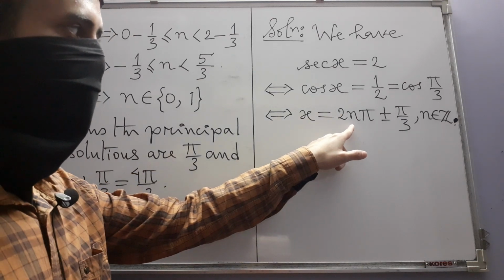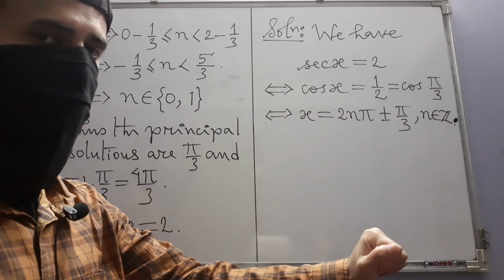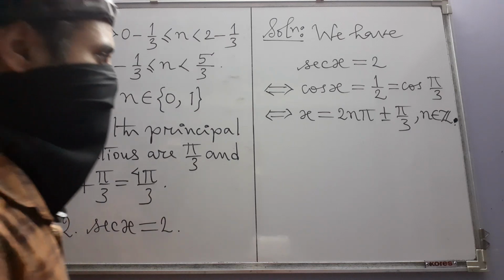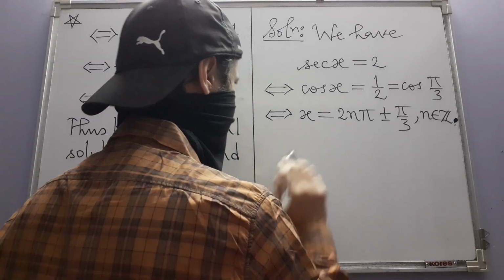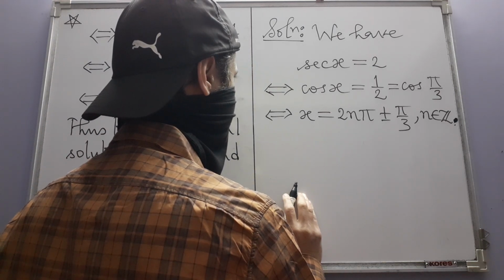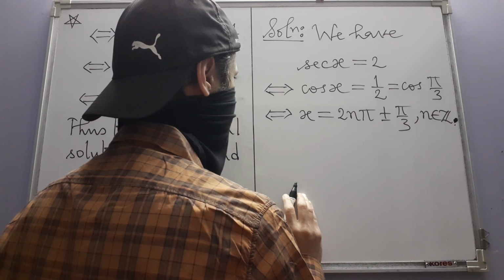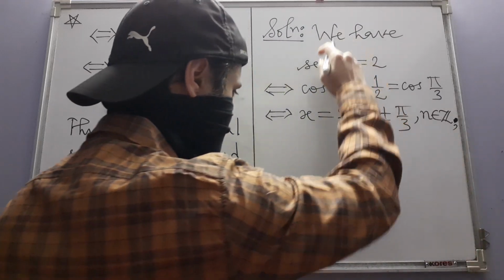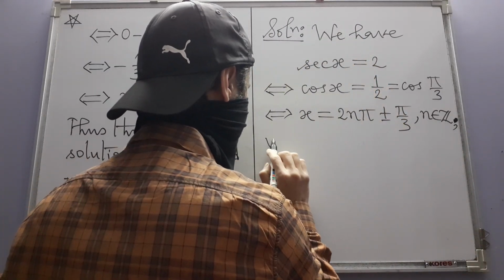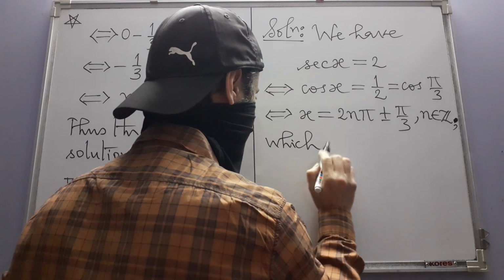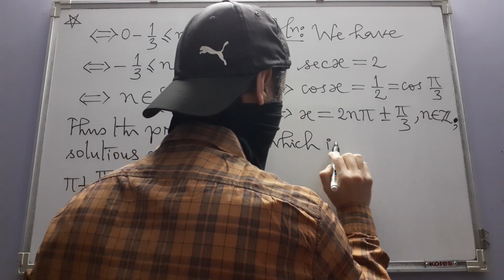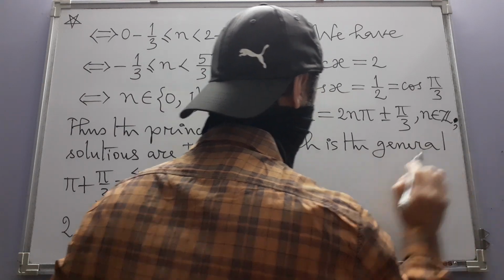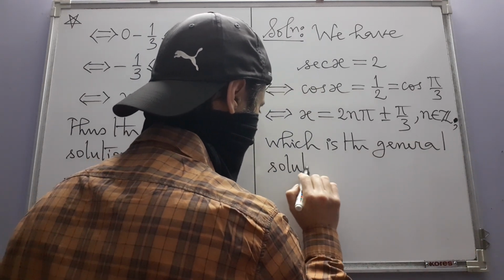Some of them have the form 2n pi plus pi over 3, and some of them have the form 2n pi minus pi over 3. So that's the general solution.